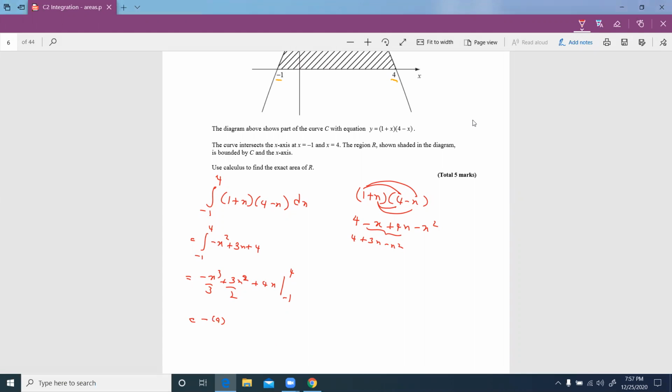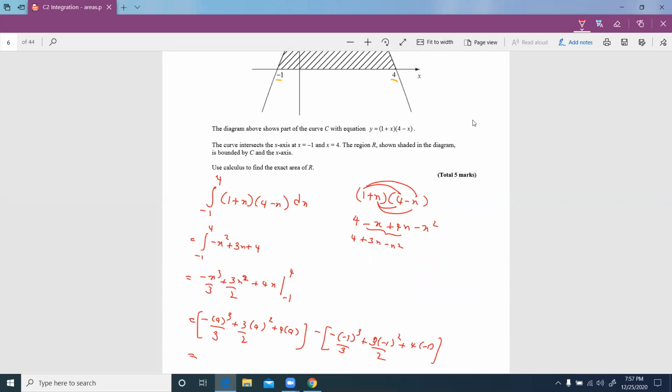I'll do the substitution step and show you. Substitute the upper boundary minus the lower boundary, putting the minus in brackets, with 3 times -1 squared over 2 plus 4 times -1. With that, you can obtain this answer very easily.